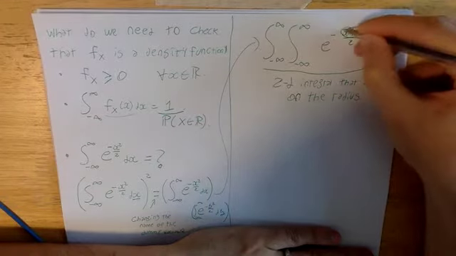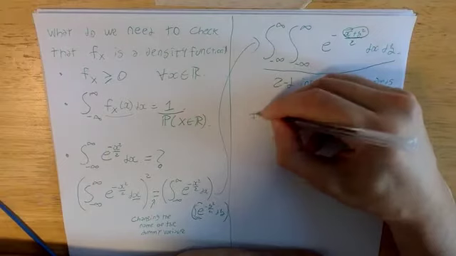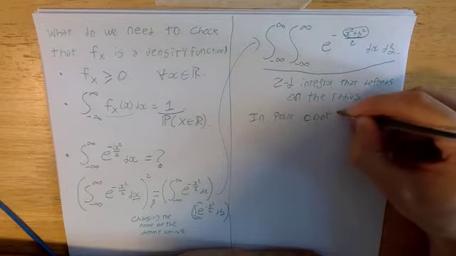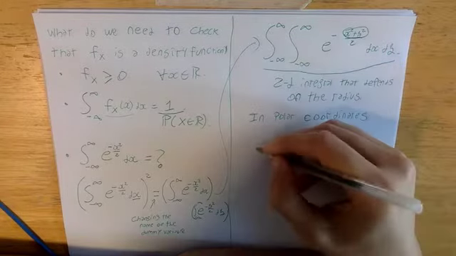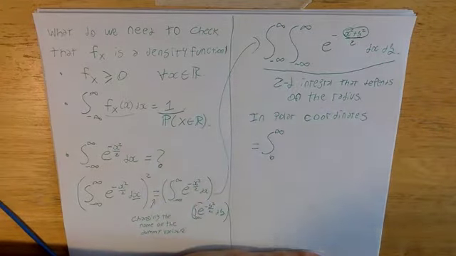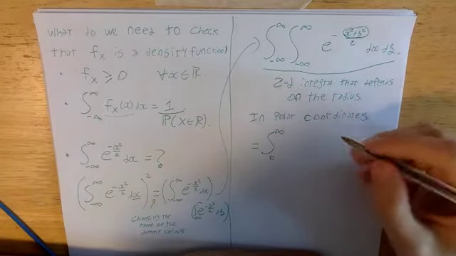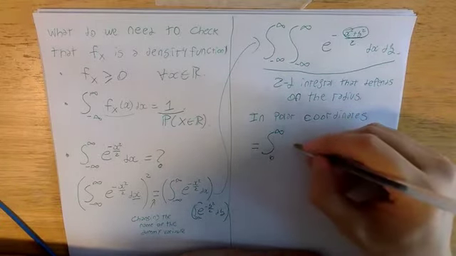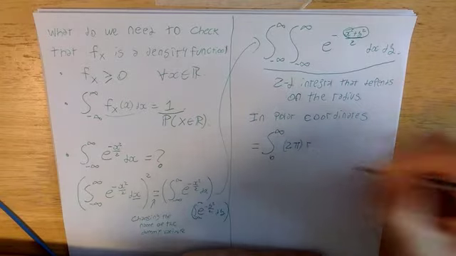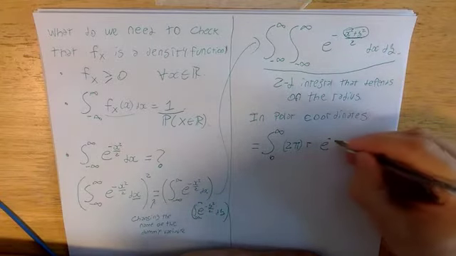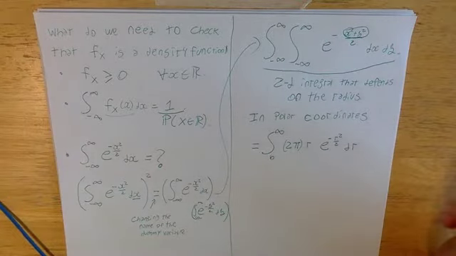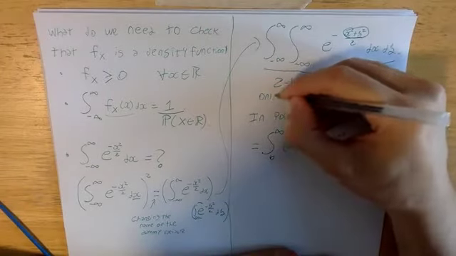So if we put this in polar coordinates, this is the integral from 0 to infinity of 2 pi times r times e to the minus r squared over 2 dr. It depends only on the radius.